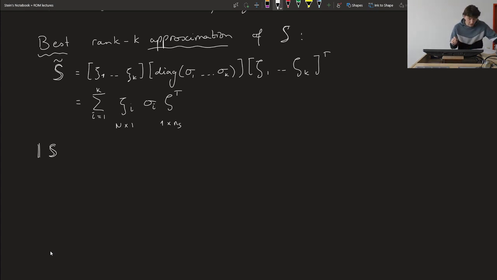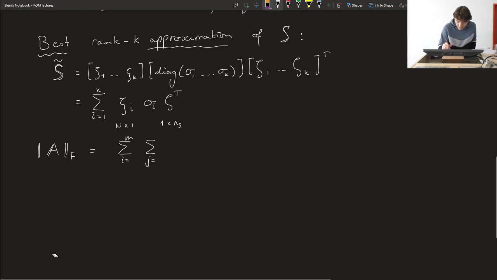Well, I'll first write down the norm and then we'll get to the statement. So the norm for any matrix, the Frobenius norm, is defined as the sum over all its different components, or its different values, from 1, 1, going to n.